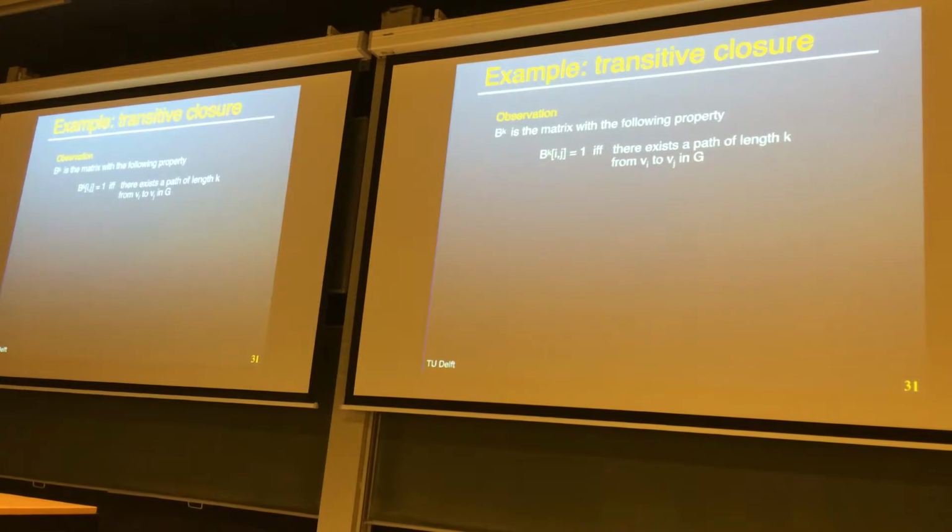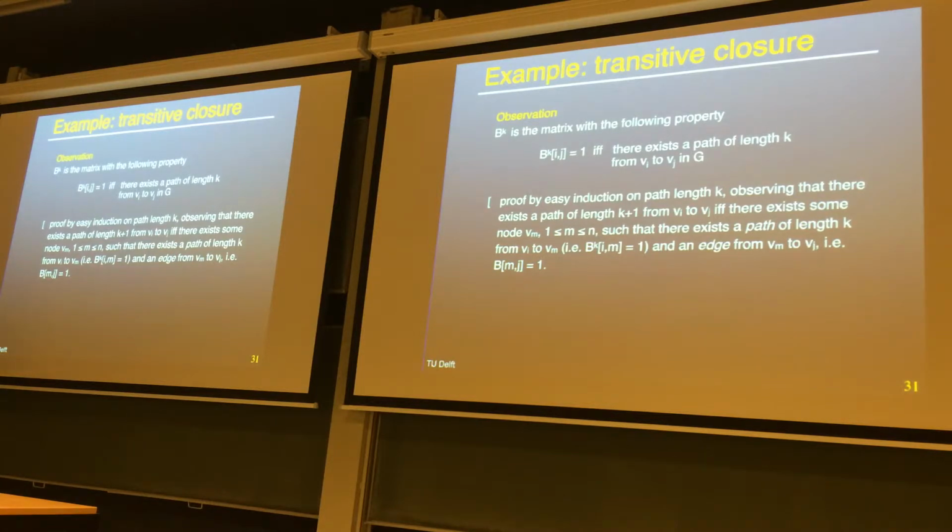And now my statement is that the ij entry of B^k is equal to 1 if there exists a path of length k from Vi to Vj in G. So by finding the power of B, I can directly find paths of a certain length. B^k corresponds to the paths of length k. Well, the idea is that you can prove this result quite easily by applying induction.